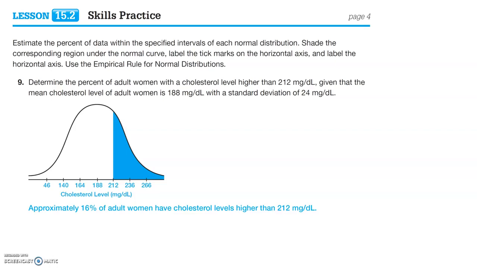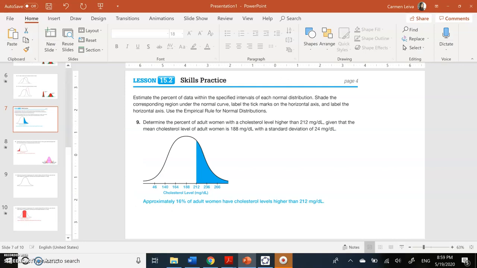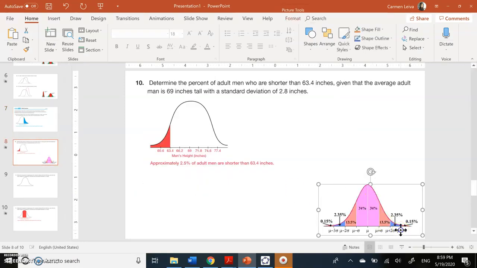In the previous videos, I showed you how to identify the mean and how to create the marks on the horizontal axis. So this is what you have to do for these problems. But not only that, you also have to shade the region of the normal distribution depending on what they tell you. And I forgot to copy and paste here the empirical rule.